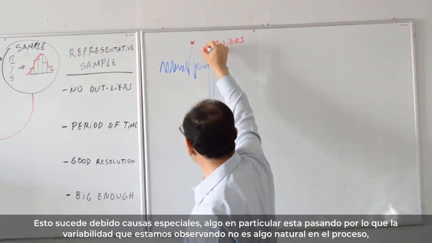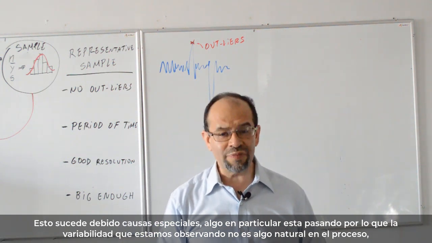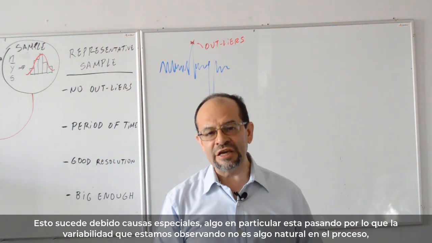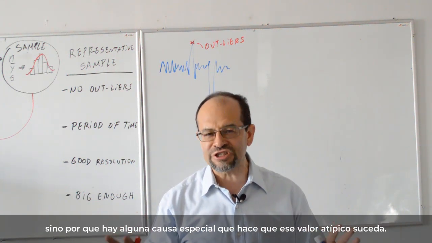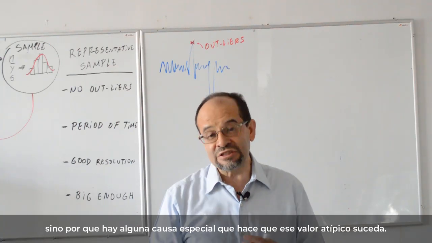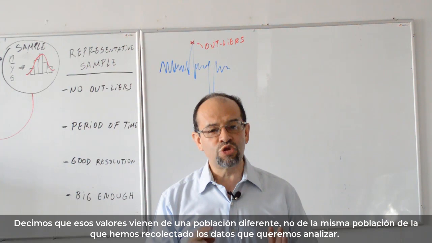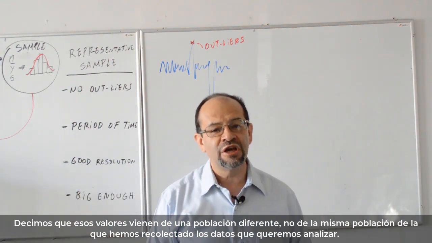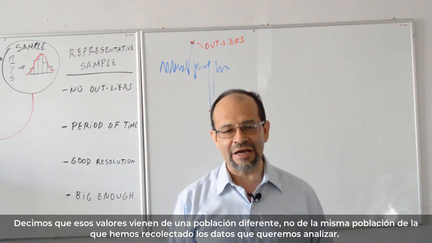Those outliers happen because of special causes of variation. Something special is happening. So the variability that we are observing is not because of the natural variation of the process, but because there is a special cause that is making that value happen. And we say that those values are coming from a different population, not the same population that we have collected or that we want to analyze.